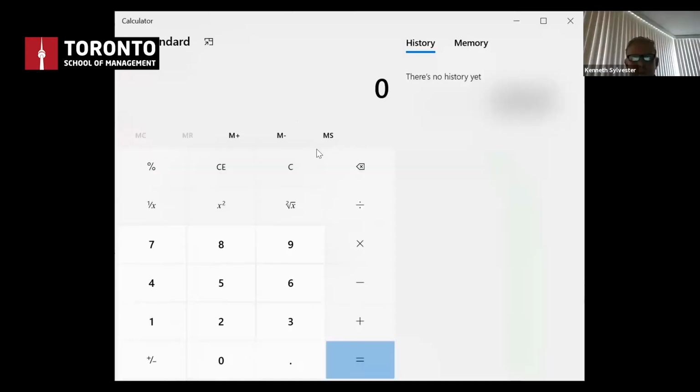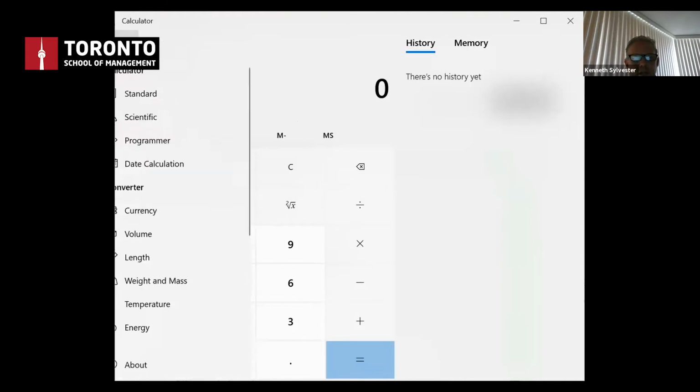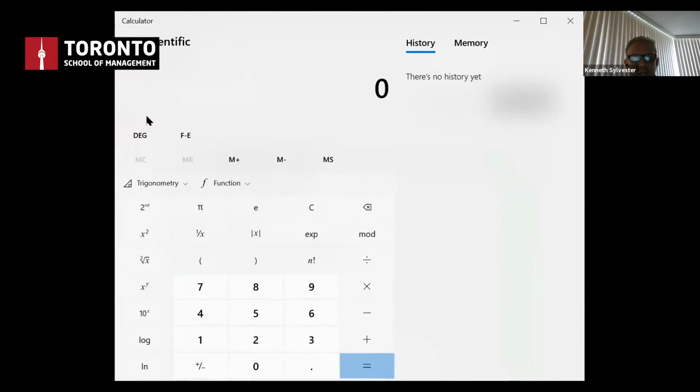If you have a calculator, one thing you need is this button here, which is called X to the Y. If you use the calculator on your phone, I'll show you something.